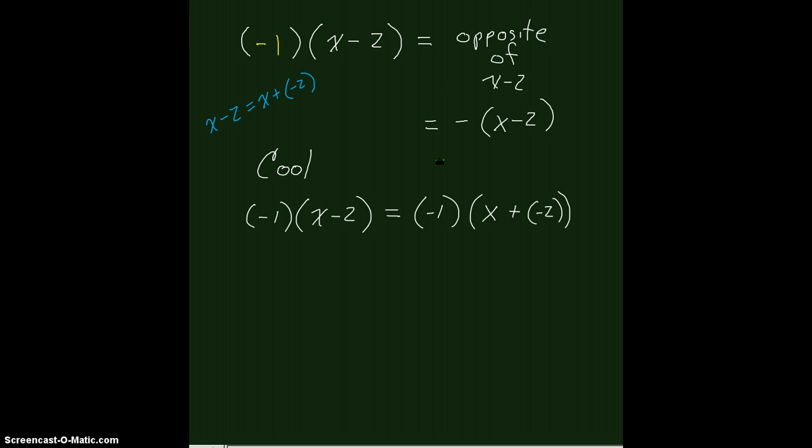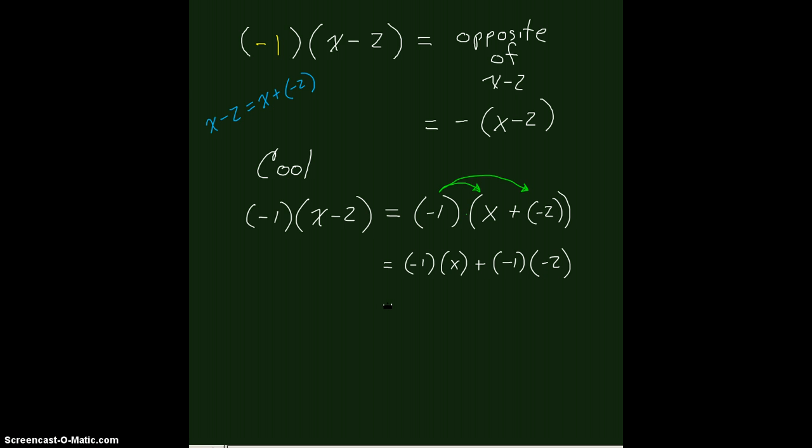Now I can look at this particular multiplication that's sitting right here and say, now I can use the distributive law. -1 times x. So I have -1 times x. And then I'm going to add, if you remember the distributive law, you can look that up in your book also, I'm going to add to that -1 times a -2.